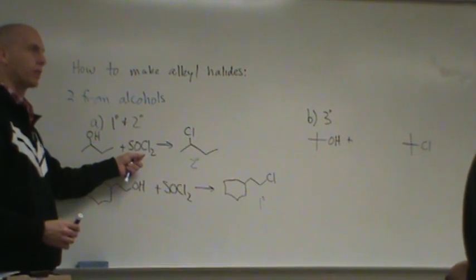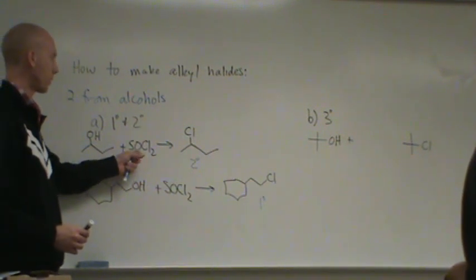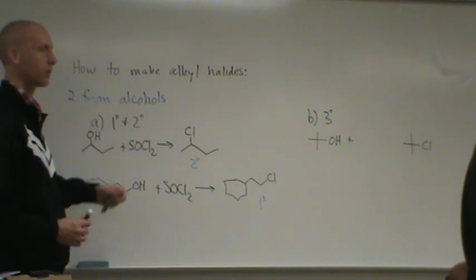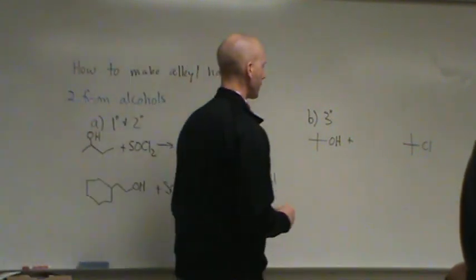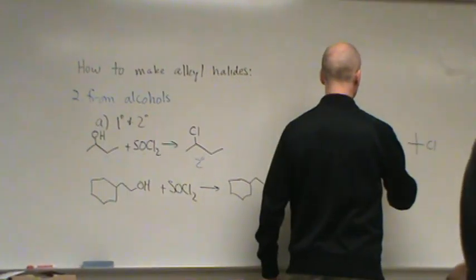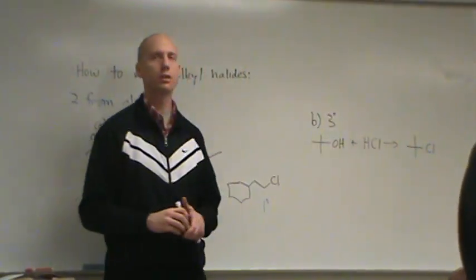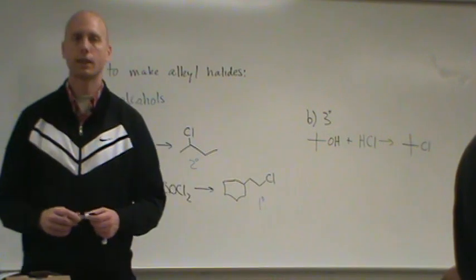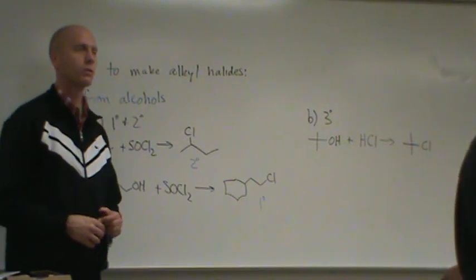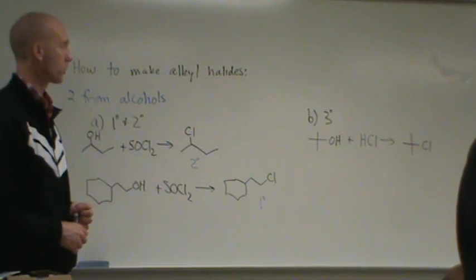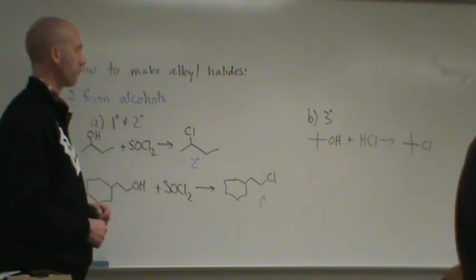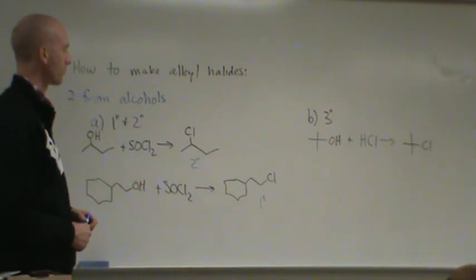Got it? Because it's tertiary, this only works for primary and secondary. So for the tertiary case, I would use HCl. In fact, you'll probably do this experiment in the lab later on this semester.